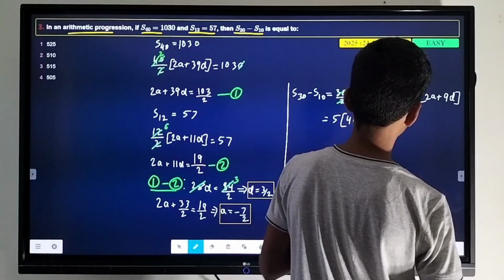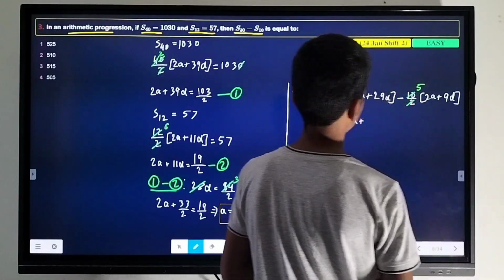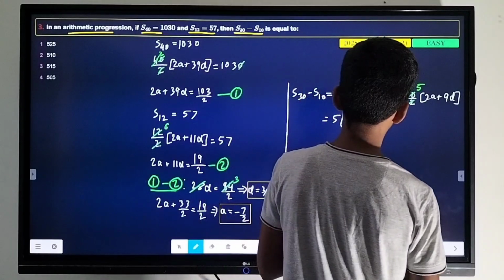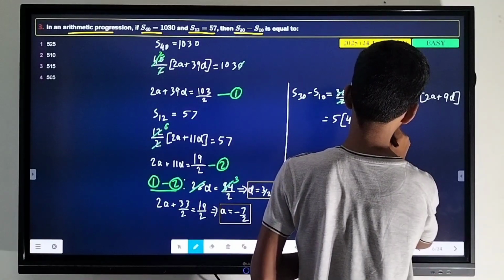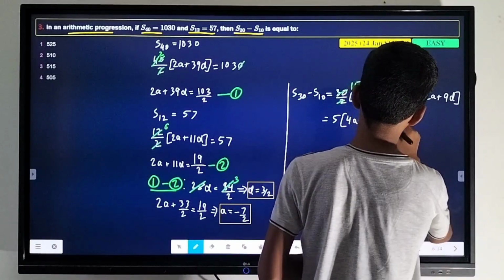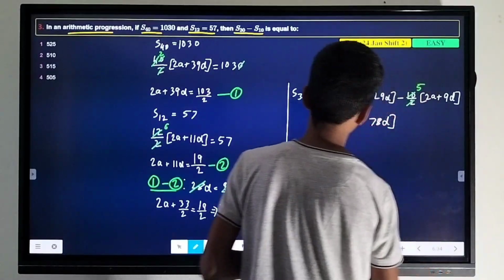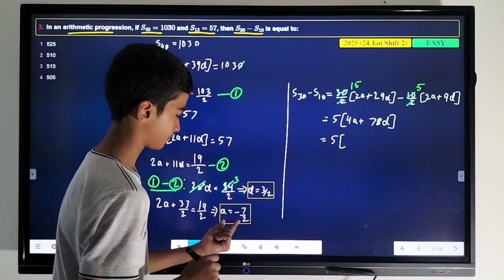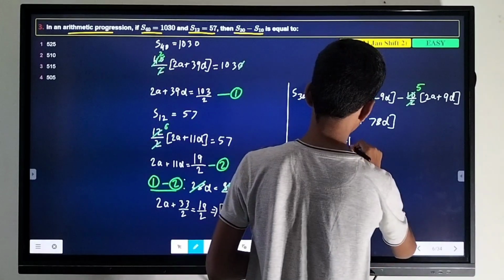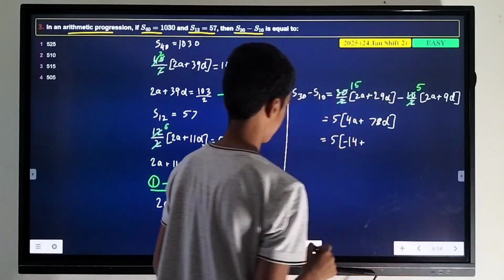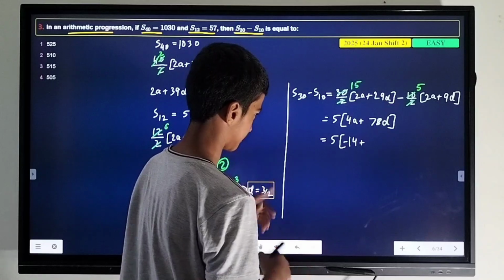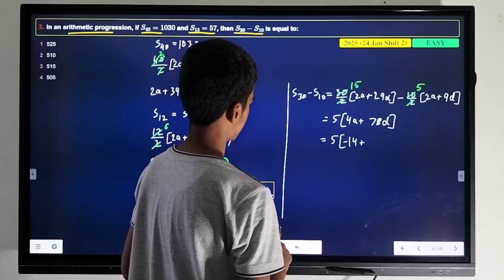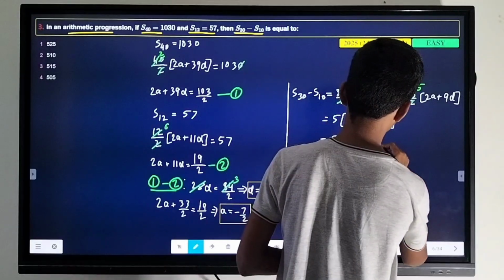3 times 29 minus 9. So this will be 3 times 26, 78. So from here 5 times 4 times a will be minus 14, plus 78 upon 2 will be 39. 39 into 3 is 117.